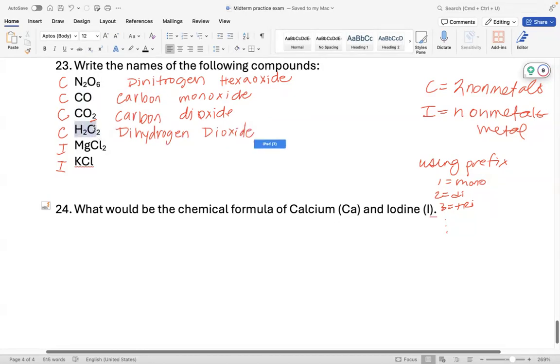And you might have heard of this compound before. H2O, right? That's water. H2O2 is poisonous, deadly, I believe. Dihydrogen dioxide. I think it might be peroxide. No, not peroxide. I don't know, I have to look it up.